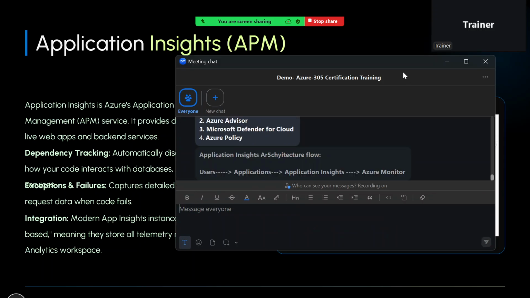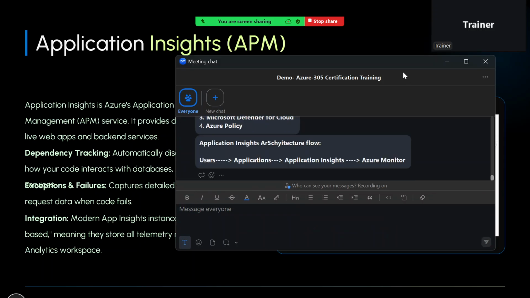Okay. So now data is collected. So Application Insights automatically collects the request duration, response time, exceptions, failed requests, dependencies, and availability.